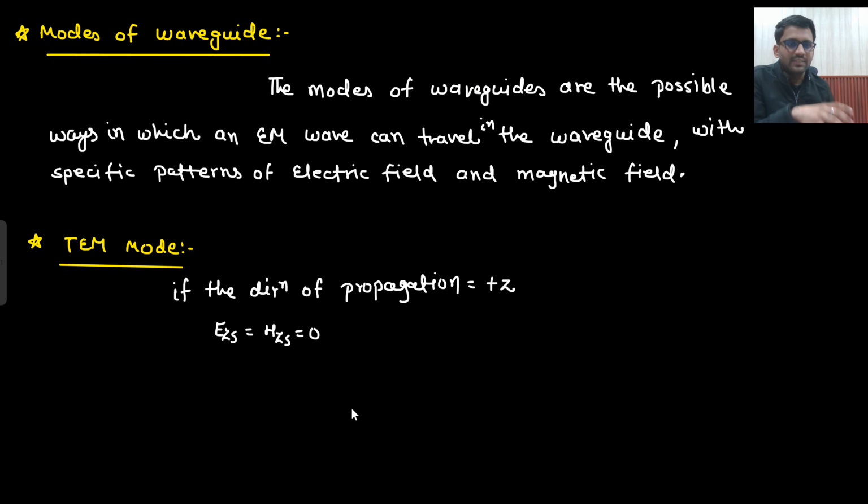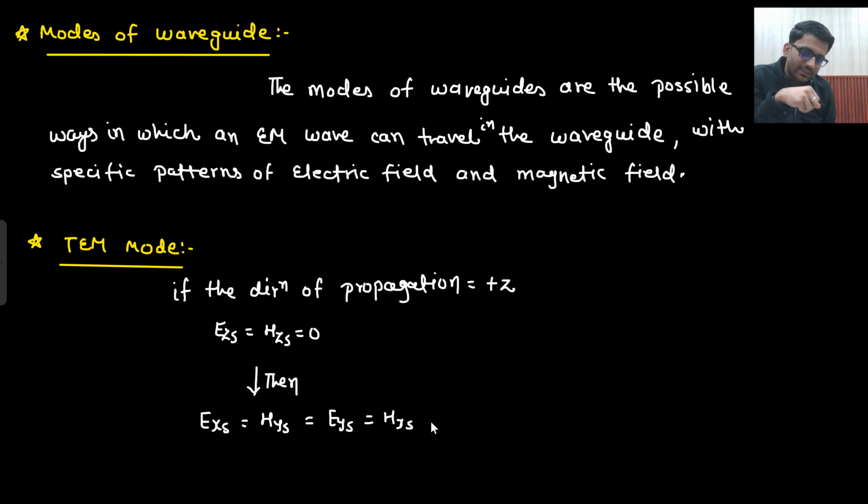So inside a waveguide, if EZS and HZS are 0, then EXS, HYS, EYS and HXS all go to 0. So there is no component of electric field, no component of magnetic field. Basically, your complete electric field is going towards 0 and your complete magnetic field is going towards 0.